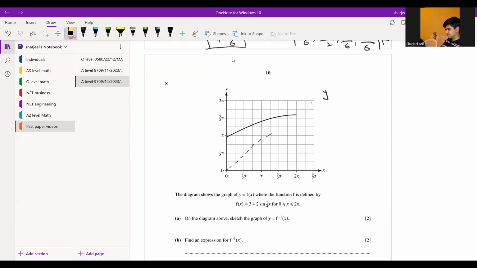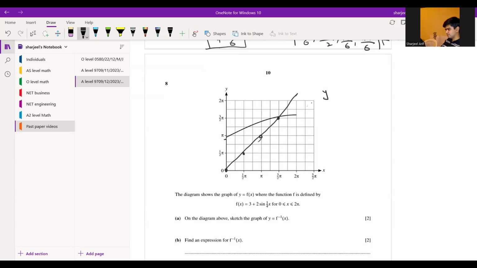Let me draw it again. Okay. The inverse of the function will be based on this line, the reflection across this line.